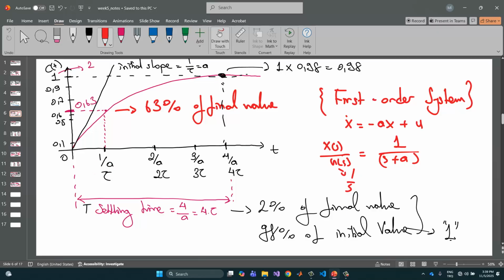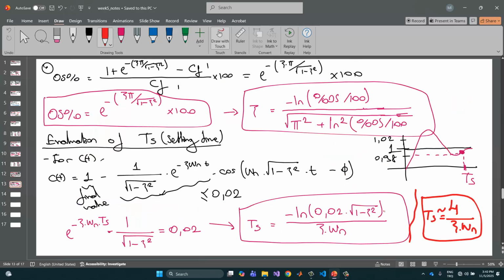You don't need to compute anything in there. But in the second order system you need to know it. Under some assumptions, these terms are equalized to this one. This is the basic assumption. Okay, guys?